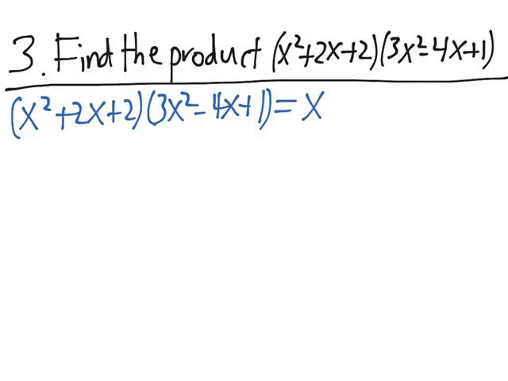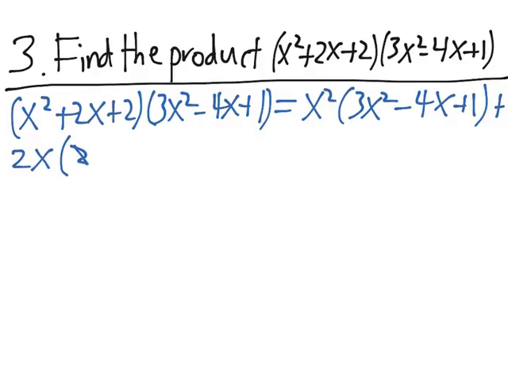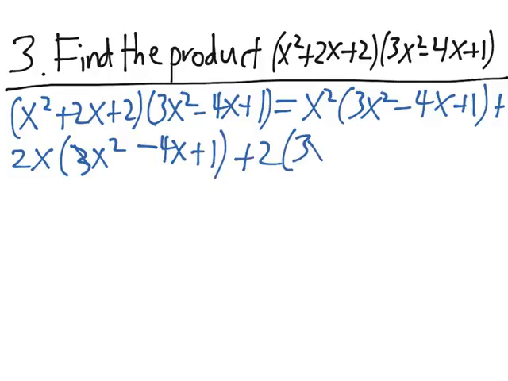So this equals x squared times (3x squared minus 4x plus 1), plus 2x times (3x squared minus 4x plus 1), plus 2 times (3x squared minus 4x plus 1).